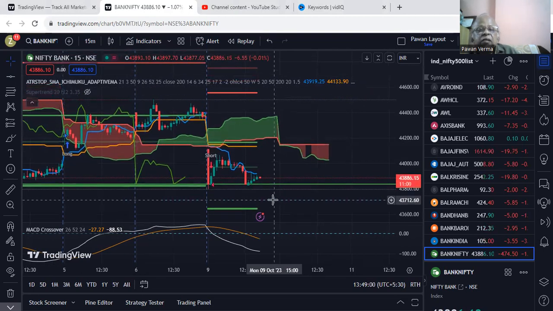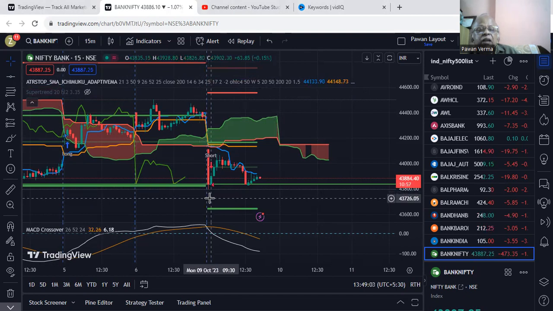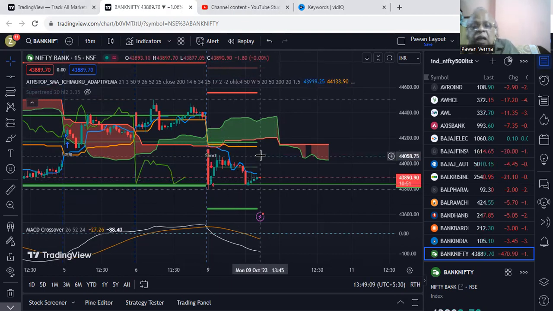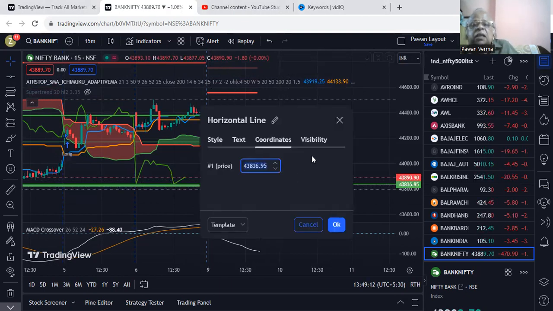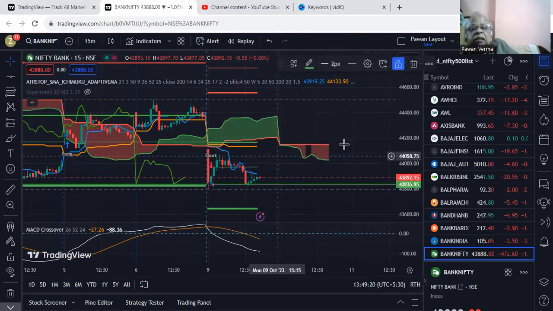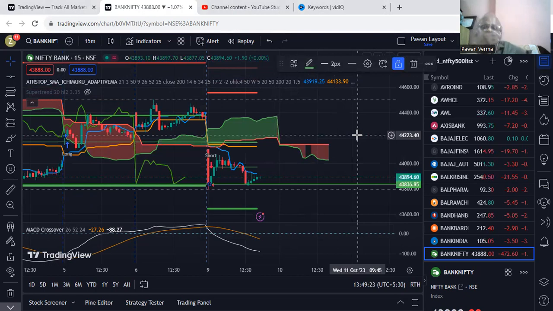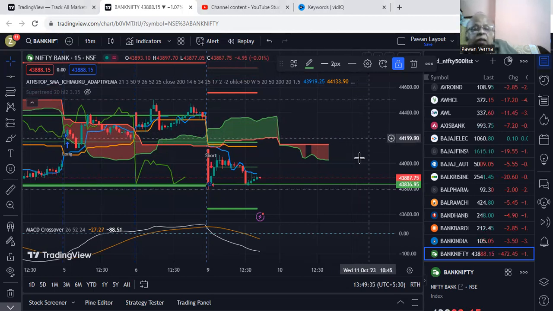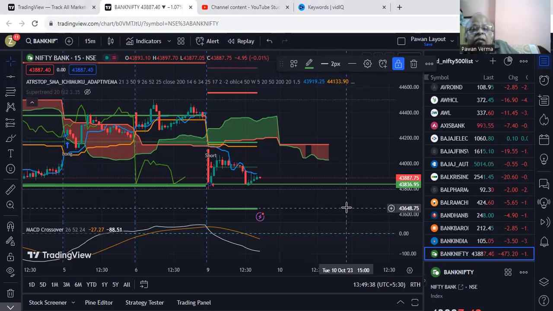So friends, we know the fact that if the Bank Nifty is traded below 43,836.95, means 43,836, then the Bank Nifty will further slide to the level 43,648.